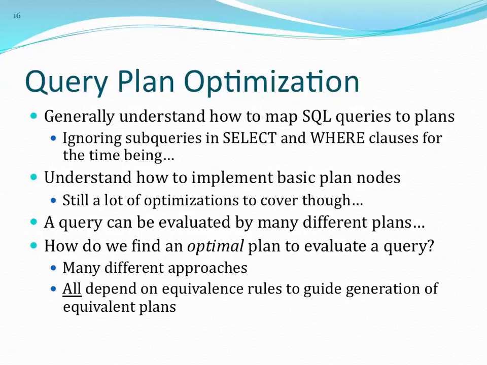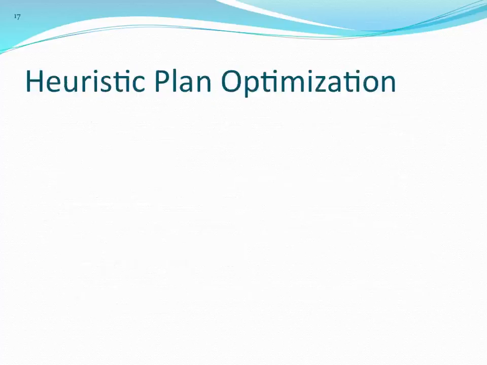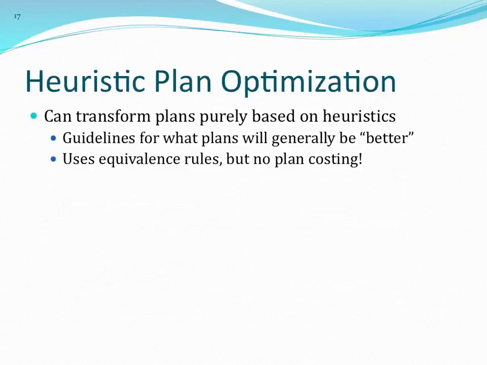And like I have on the slide, basically everything relies on equivalence rules because I have to know what other valid alternatives I have for evaluating a particular query. So we will try to discuss select and where clauses because there are some really neat things, but we definitely won't discuss it today. Now, one option is definitely to just try to make the planner as smart as possible, but encode all these rules and never look at plan costs.